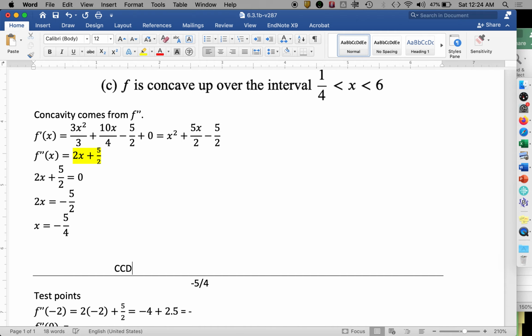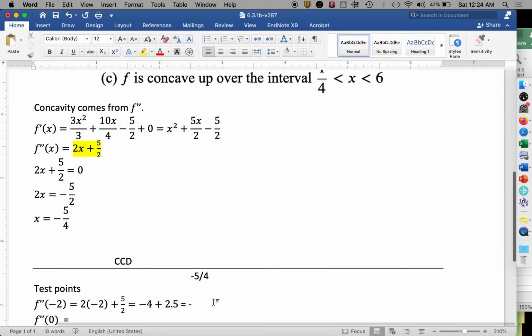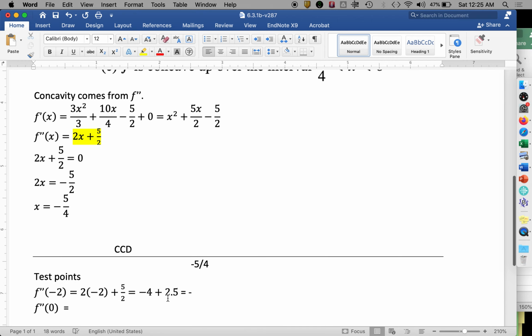I'm going to abbreviate concave down as CCD, concave down. And I just put a little minus to mean negative. Okay, so I don't care what the number is here other than the fact that it's negative. The sign of it is negative. Okay, same kind of thing but with 0.